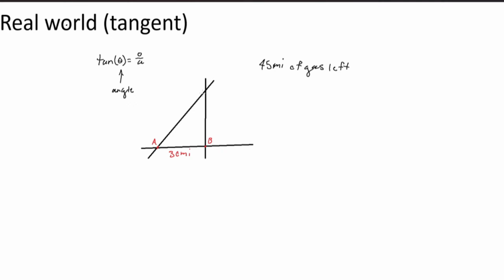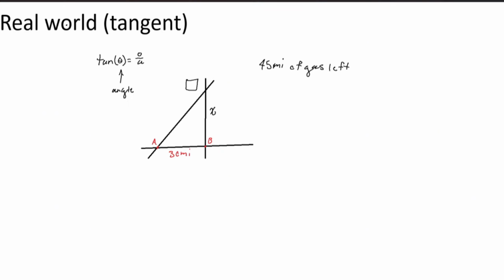Now let's say you're looking on this map and you see a gas station right here, but you have to make it to this intersection before you pull off into this gas station. So now you need to figure out, if I have 45 miles of gas, how long is this distance that I labeled X here, and how am I going to make it to the gas station in time?